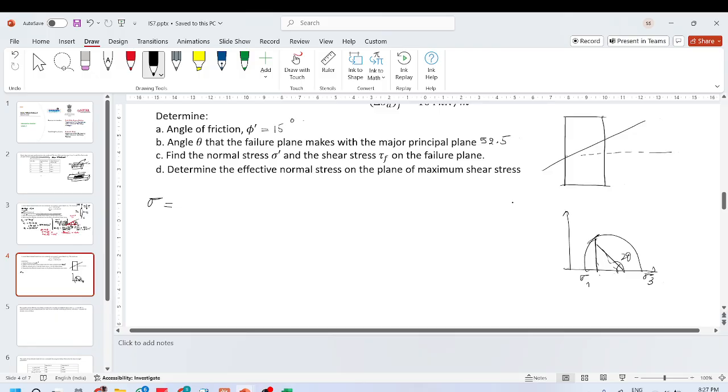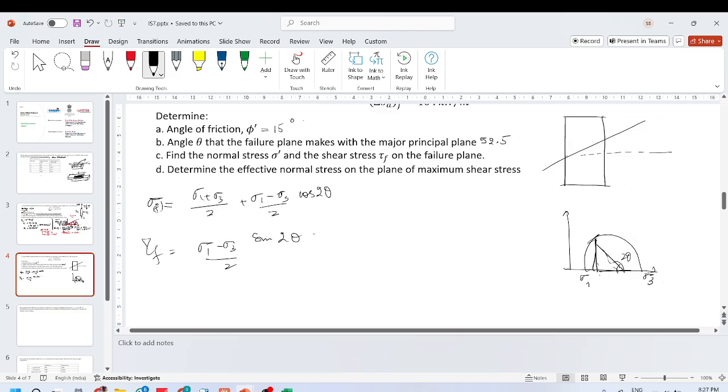You can either do it geometrically or you can calculate from this, which is given as sigma 1 plus sigma 3 by 2, plus sigma 1 minus sigma 3 by 2 cos of 2 theta, and tau f is given as sigma 1 minus sigma 3 by 2 sine of 2 theta. Basically, it's coming from here only. We are trying to calculate this and this.